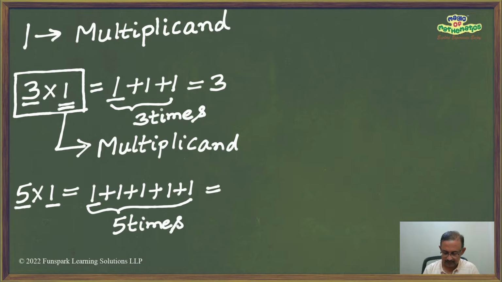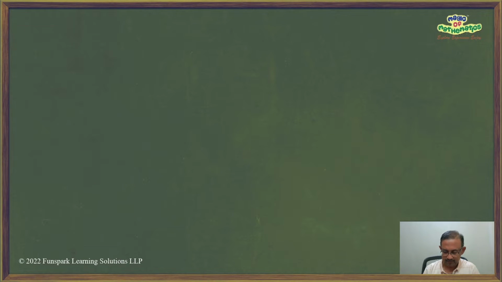And this would be 5. If we generalize this, we can see that any natural number which we will denote using n, n times 1 equals the natural number itself. Let us now get down to the second case, where 1 is the multiplier.